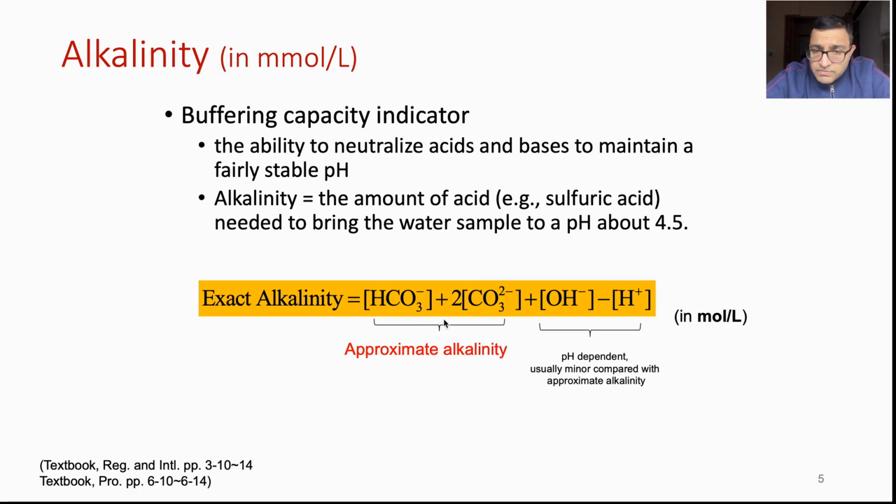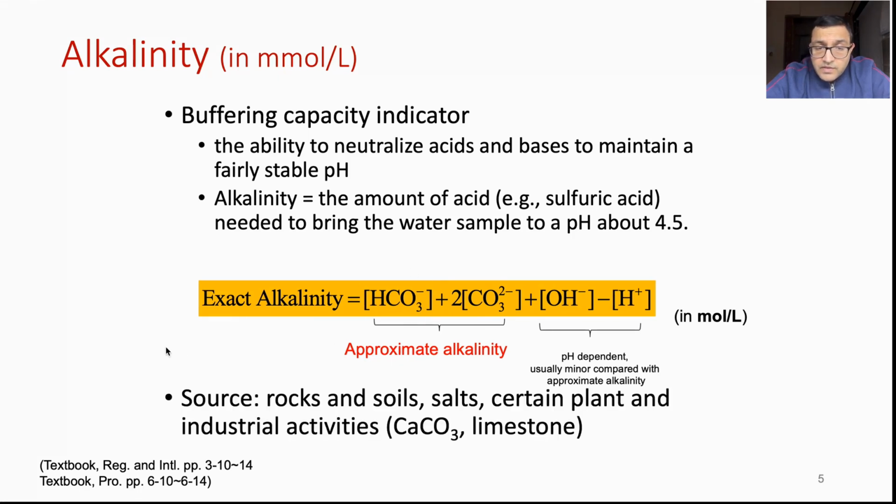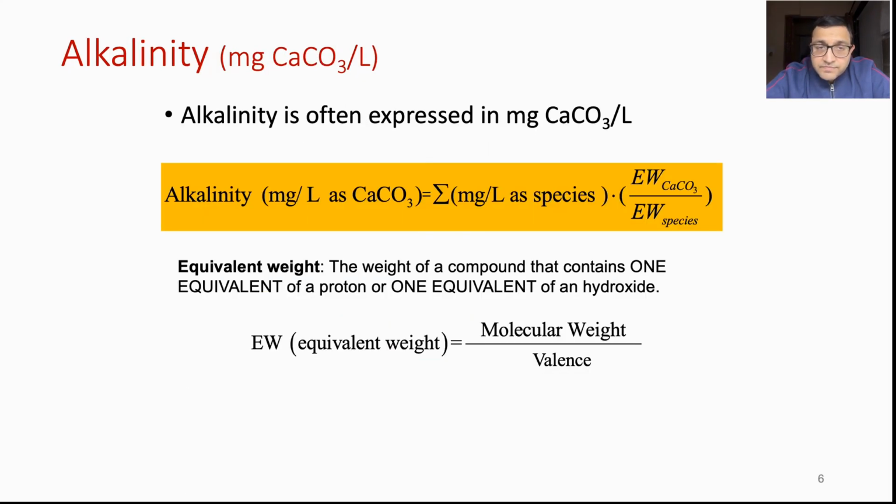And so sometimes people just use these two ions. And in natural systems, as we just saw, carbonate may not even be present many times, so it might just be the bicarbonate ion. The sources of alkalinity are rocks and soils, salts, certain plant and industrial activities, calcium carbonate, limestones.